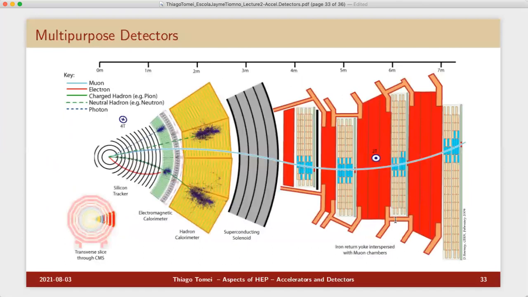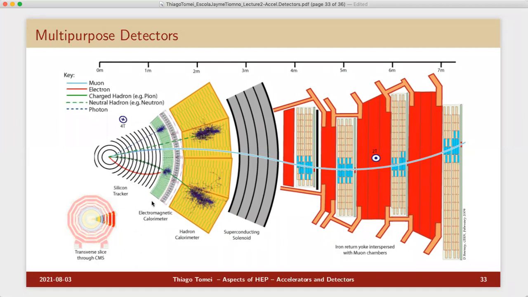With these caveats, you build the multi-purpose detectors. Here you have a slide. This is a cross-section of the CMS experiment, and the idea is that it's divided into layers, like an onion. The first layer is a silicon tracker, and there you track all the charged particles like muons, electrons, and charged hadrons.